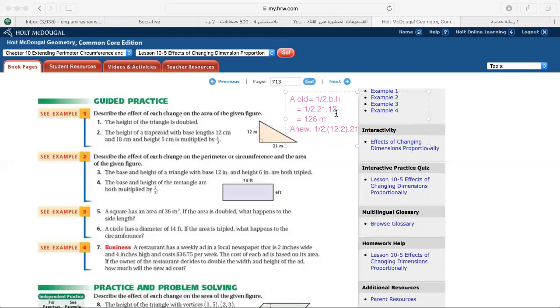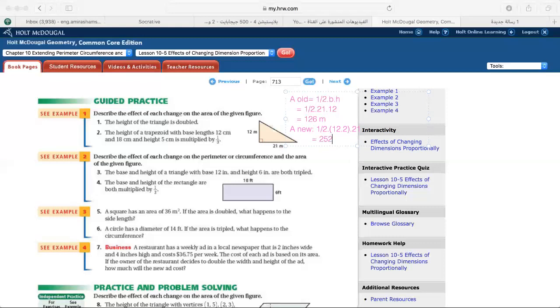Here I have half multiplied by 12 multiplied by 2. 12 multiplied by 2 is 24, multiplied by half. So again, I go back to the 12, multiplied by 21, which is equal to 252.